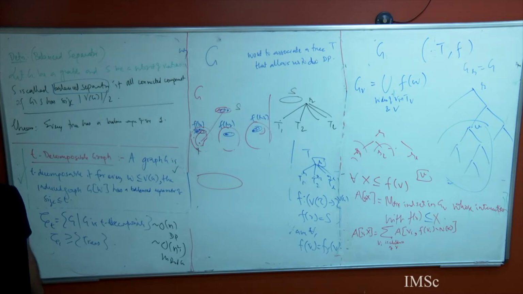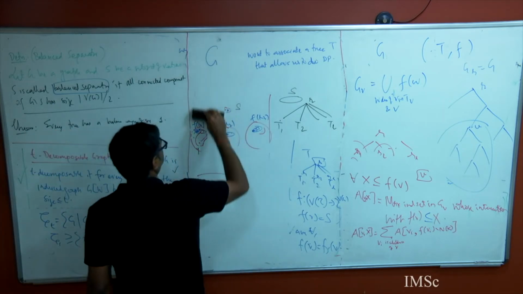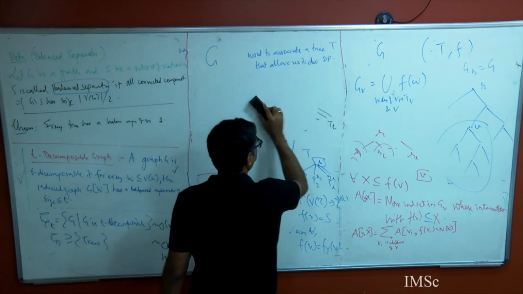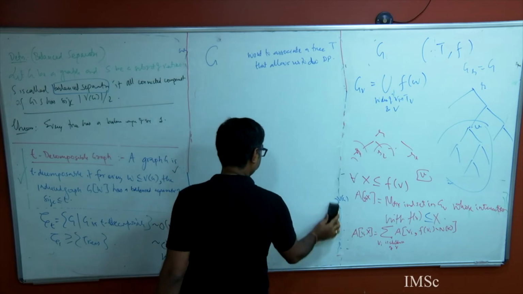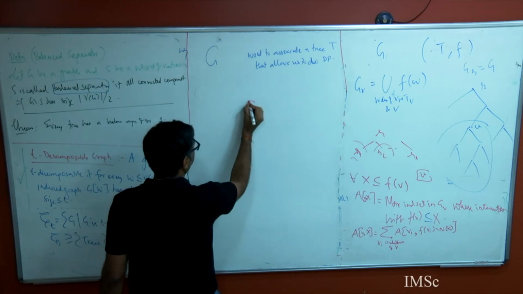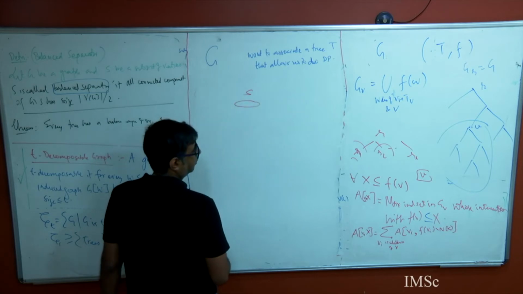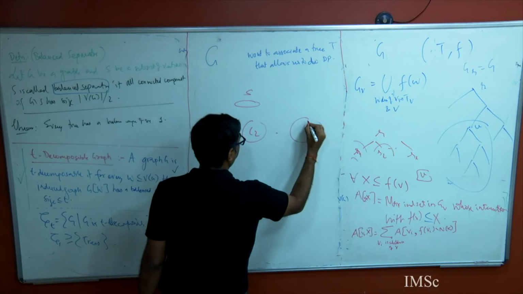How are we going to fix this? Okay, fine. So what's a natural way of fixing this? Okay, good. So you guys are creating a lot of mayhem. So here is C1, C2, CL.